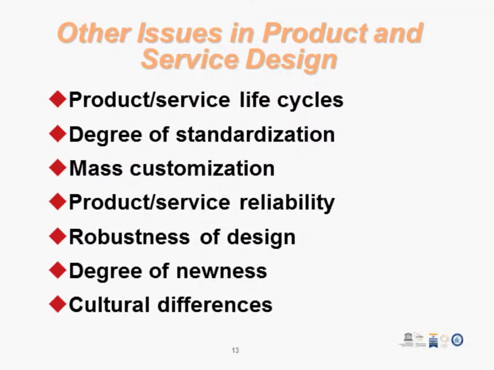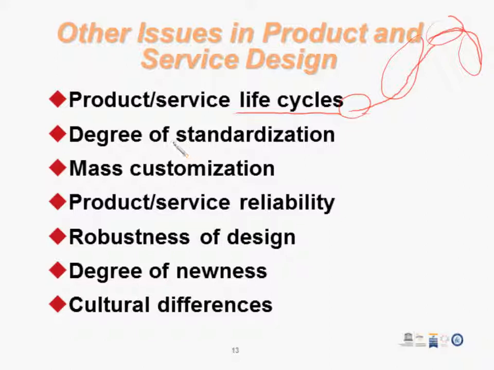Other issues of product and service design is we need to also understand life cycle. Each product has a life cycle. When it is introduced, demand will increase in growth stages and saturate in maturity, and then it may decline in the future. It is a life cycle. So when you design the product, the introduction stage and growth stage, maturity and decline, each stage may need different design and so on.